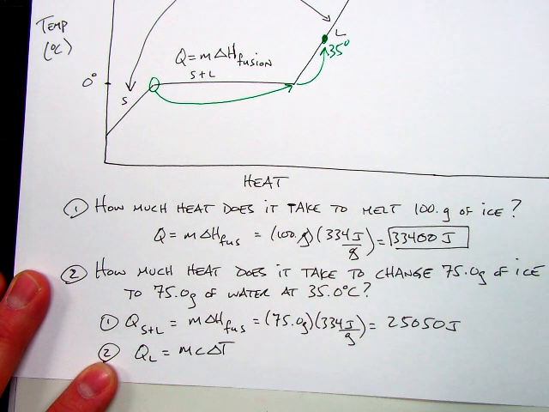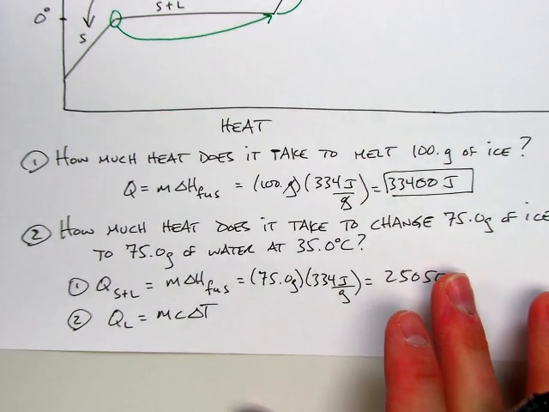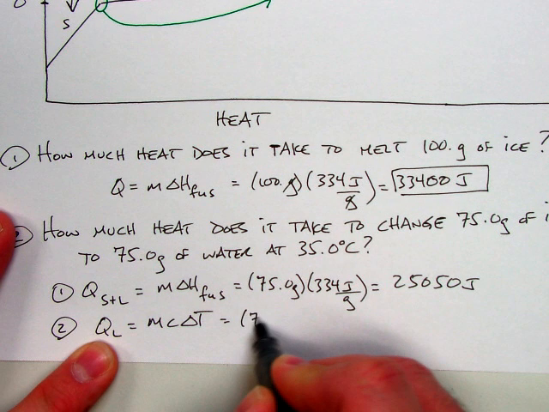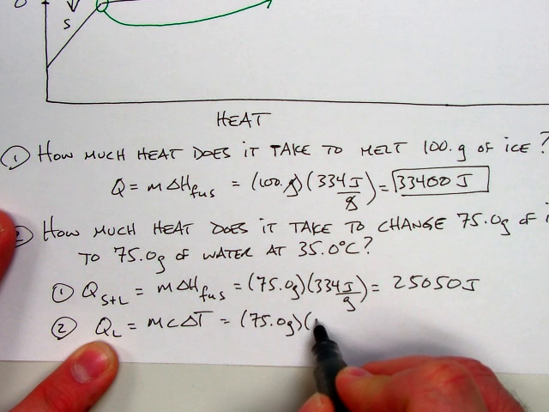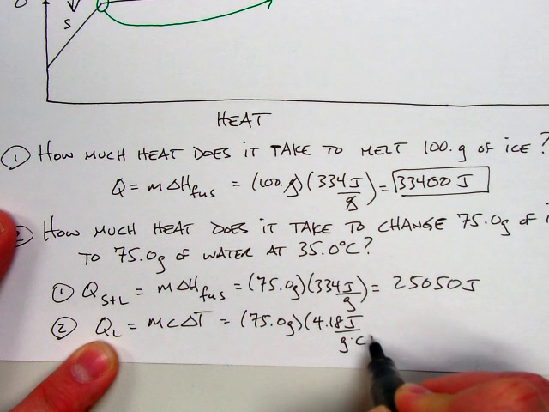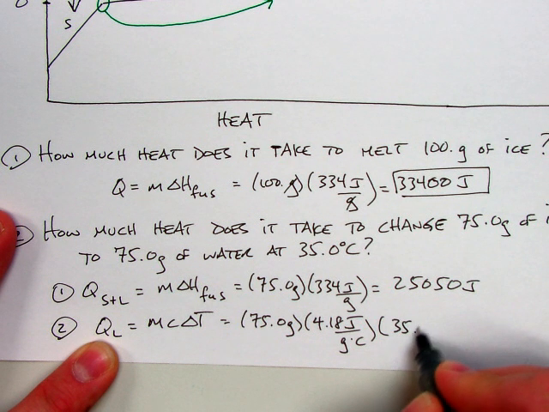So I'm going to use my Q equals MC delta T formula. And so I still have 75 grams. We're assuming no loss of mass. My specific heat of water is 4.18 joules per gram degree Celsius. And your change in temperature is 35 degrees.